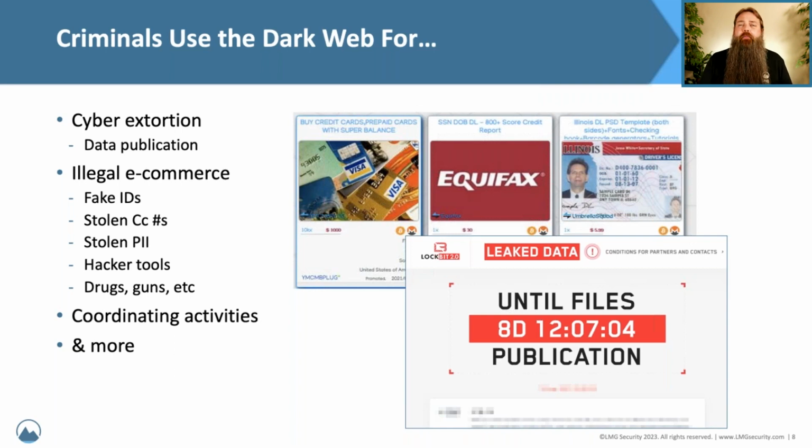We also see a big amount of illegal e-commerce. We see things like fake IDs, stolen credit cards, stolen personal information, hacker tools, drugs, guns, anything that you can probably think of. In fact, the worst things you can probably think of are likely going to be available for sale somewhere on the darknet. It has kind of become a home for that kind of activity. It's also used for coordinating activities between criminal groups and a lot more.